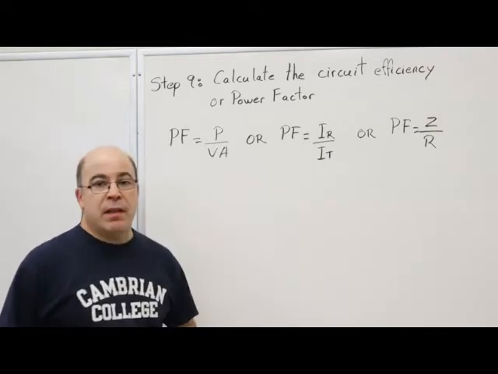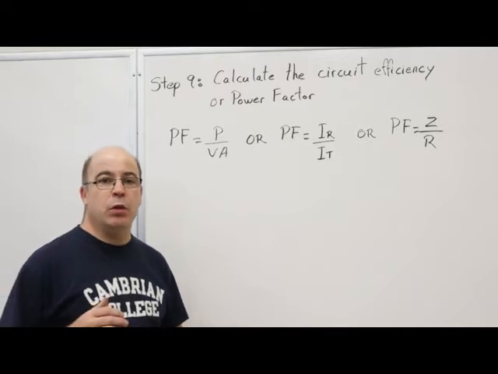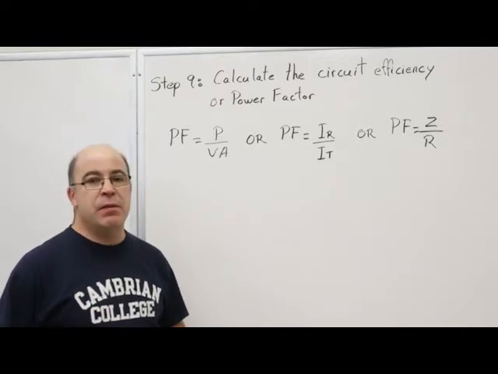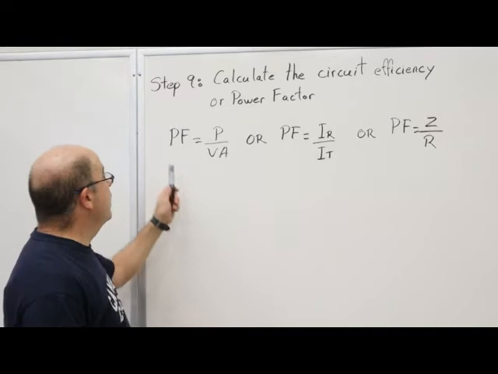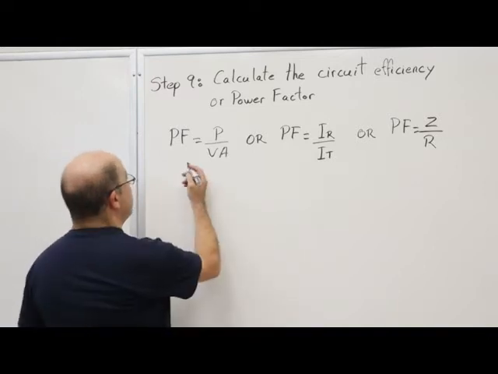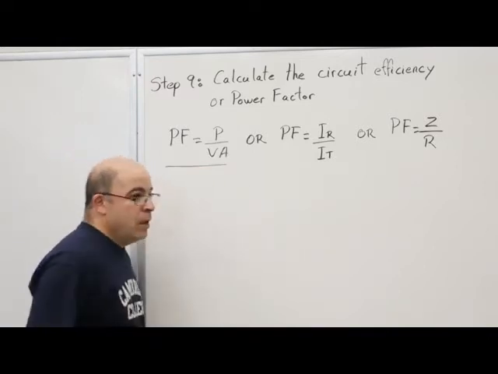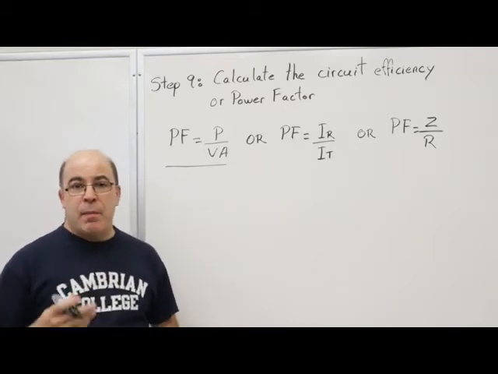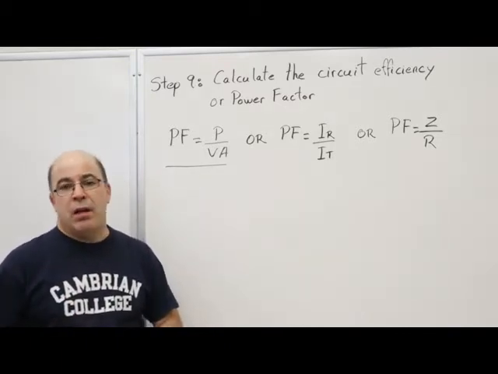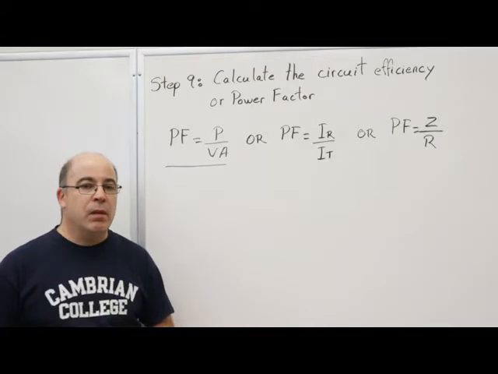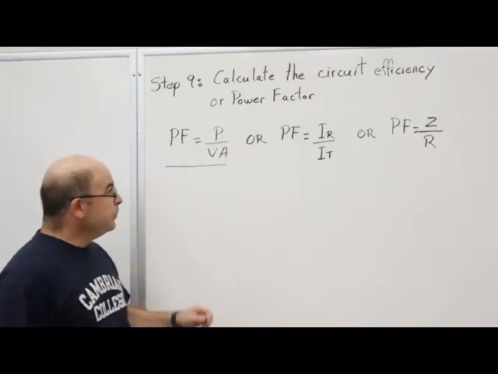People who are consulting textbooks will find that there's a whole host of formulas that could be used in this application. Personally, I like using this one because I always remembered it as being the ratio of true power to apparent power, but it goes deeper than that.